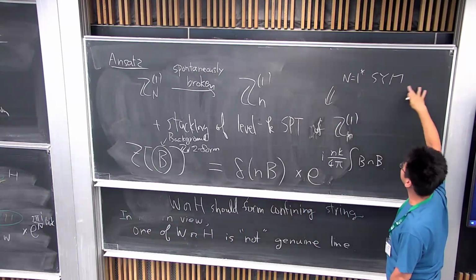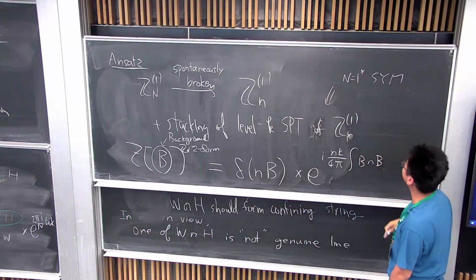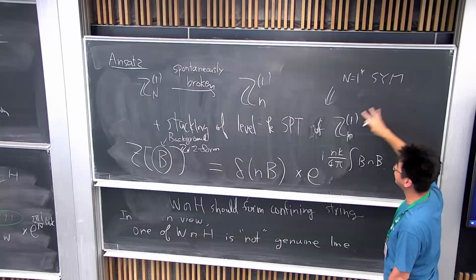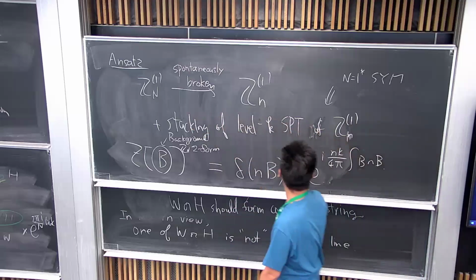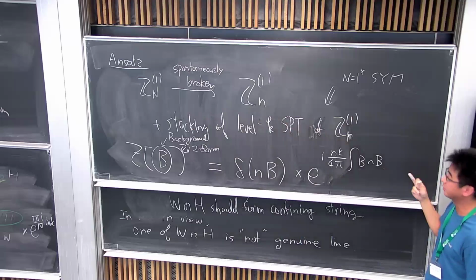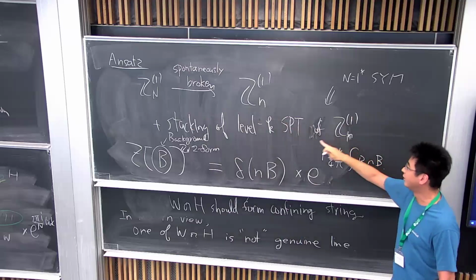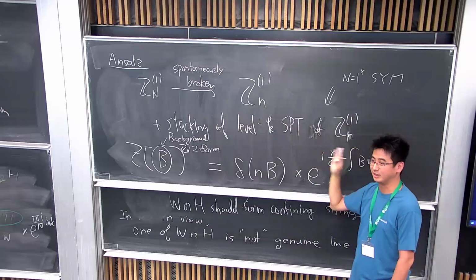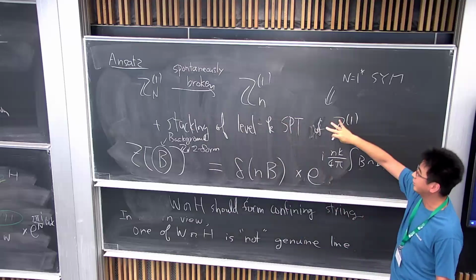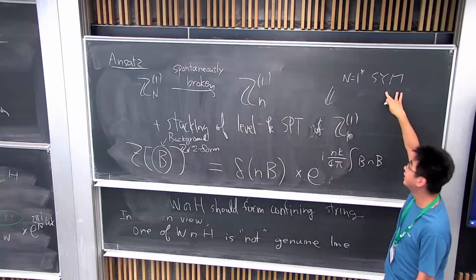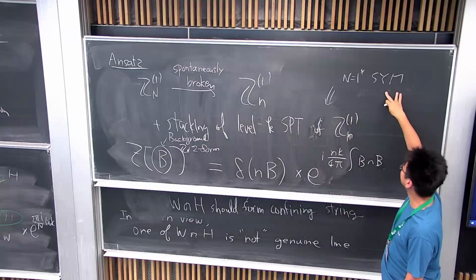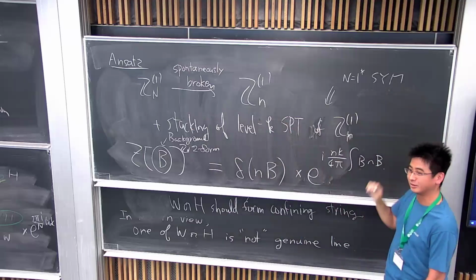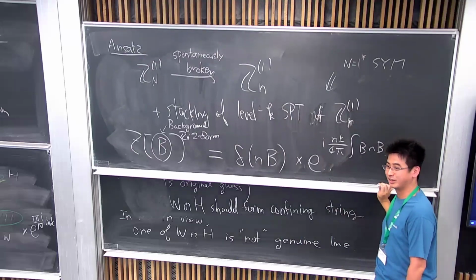Depending on the vacuum configuration of the scalar chiral multiplet, we can realize this SSB pattern, and by tuning the theta angle of this super Yang-Mills, we can also realize the level K SPT stacking. So all the possibilities can be concretely realized in this N=1 model.